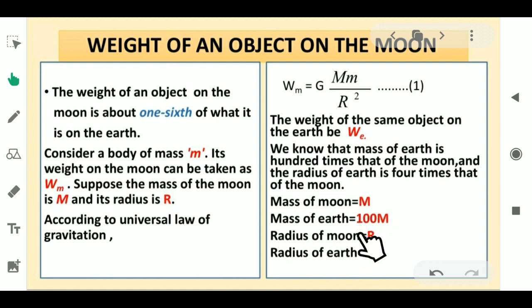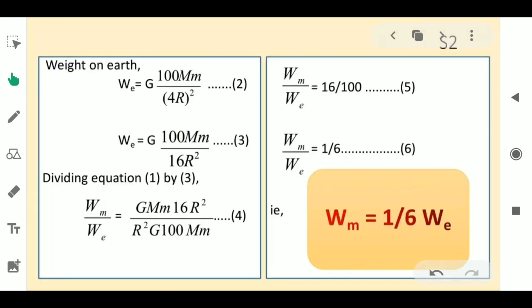Then radius of the moon is r, and radius of the earth is 4 times that of the moon, therefore 4r. Clear? Yes. Then weight on earth We is equal to G into 100Mm by (4r) square. Can be taken as equation number 2. That is We is equal to G into 100Mm divided by 16r square. The (4r) square becomes 16r square.